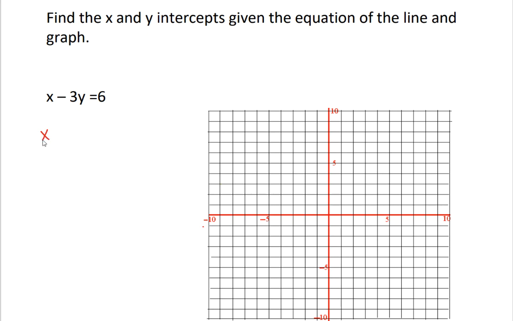So I'm basically making a t-table again, but I'm only going to look for 2 values. I'm going to look for Y when my X value is 0, and I'm going to look for X when my Y value is 0. So let's start with plugging in 0 for X. That's going to give me my Y-intercept.